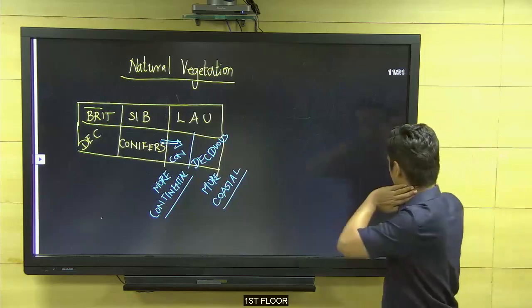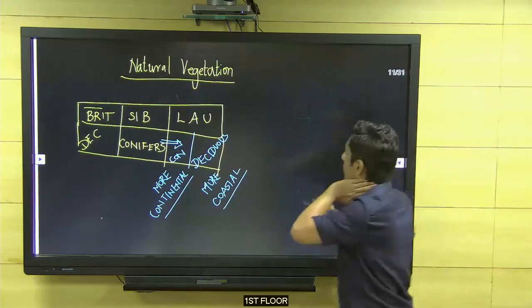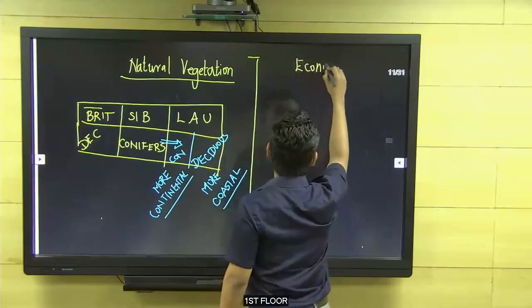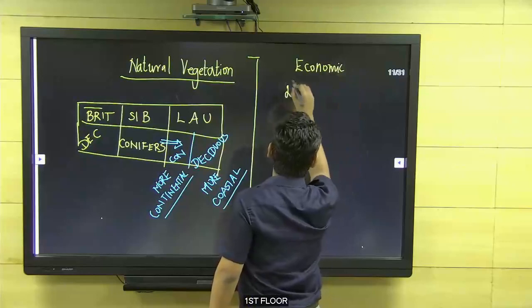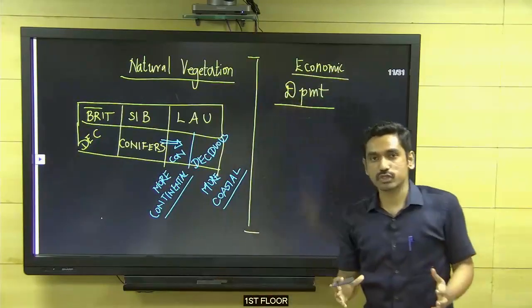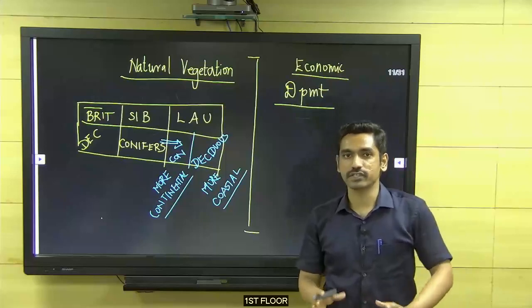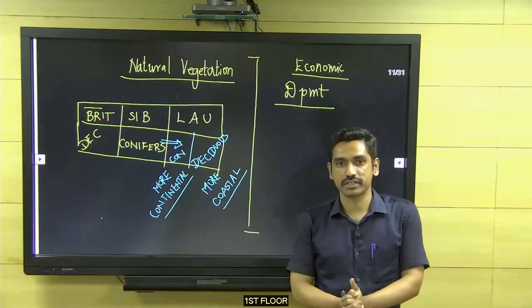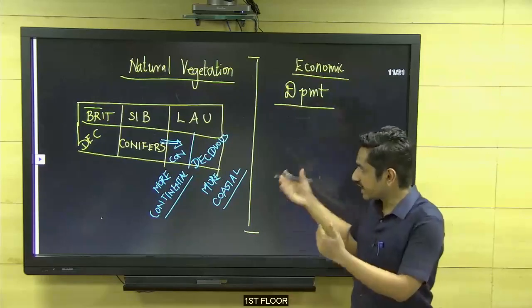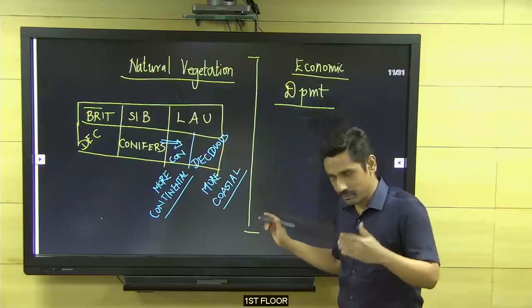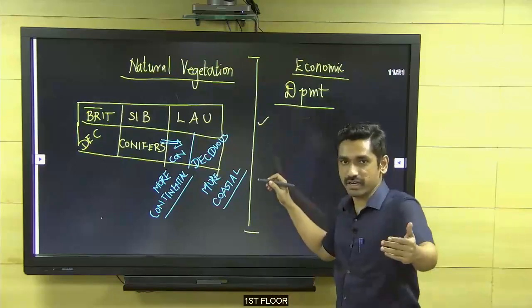Right. Let me write the economic development here. See, the most important economic activity which defines this region is fishing. It's only because of fishing that a good amount of industrialization is brought up, but that explanation will require the help of ocean currents. So right now, write this statement and keep it. I will explain later. Just remind me when I deal with oceans.